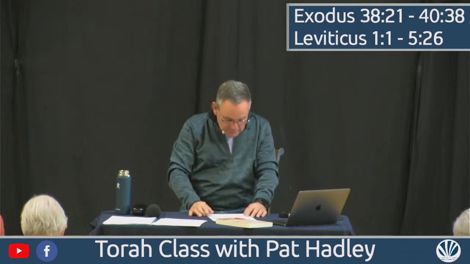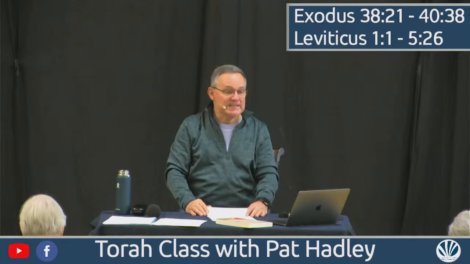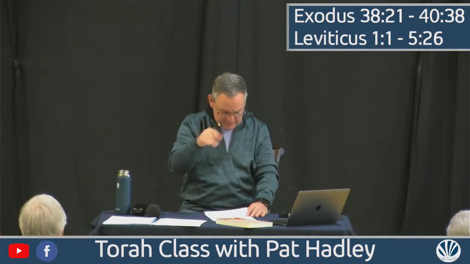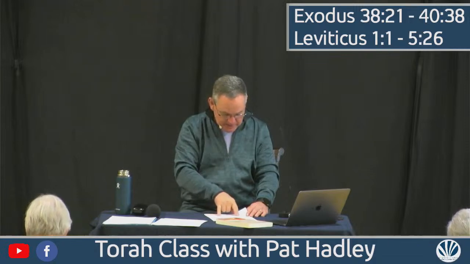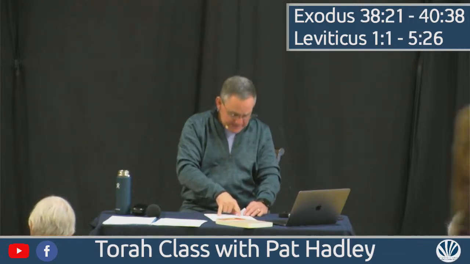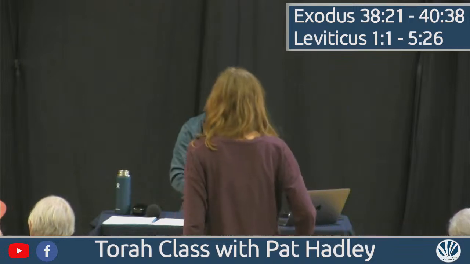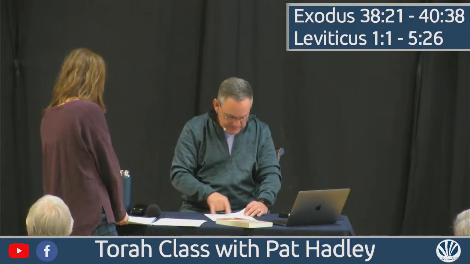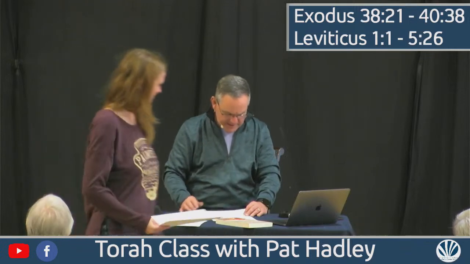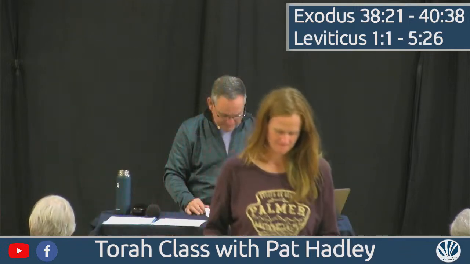So the way that we access this offering is 1 John 1:9. If we acknowledge or confess our sins, then, since He is trustworthy and just, He will forgive them and purify us from all wrongdoing.